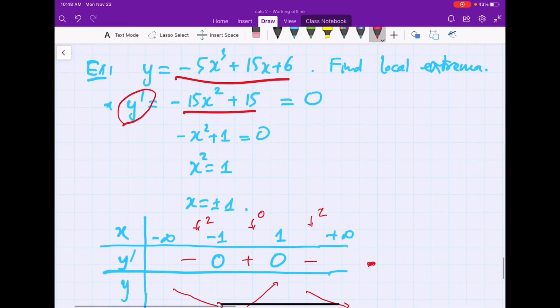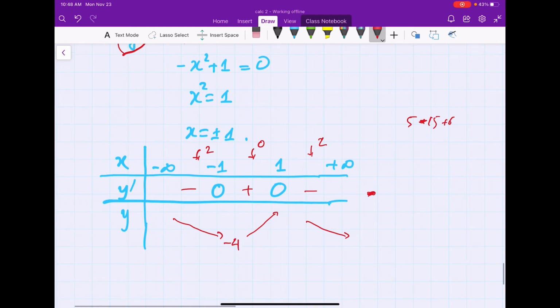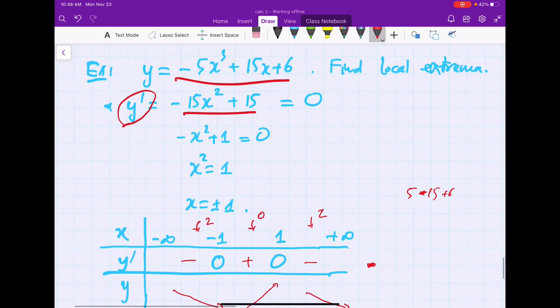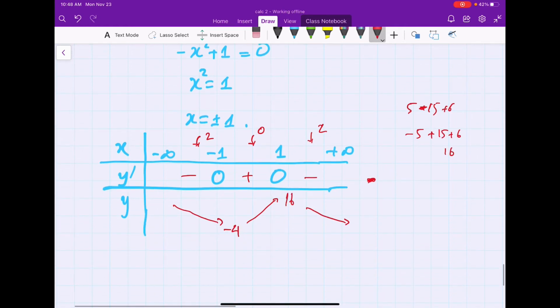So I get at negative 1, the function is 5 minus 15 plus 6. So that is negative 4. At 1 it is 5 plus negative 5 plus 15 plus 6, which is 16. So that is my local maximum. That is my local minimum.